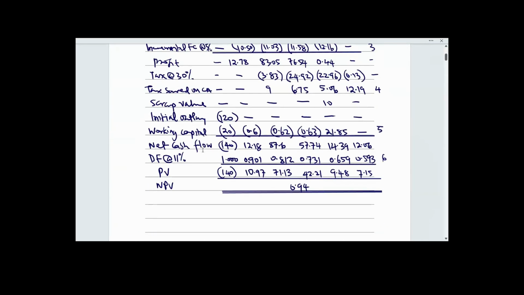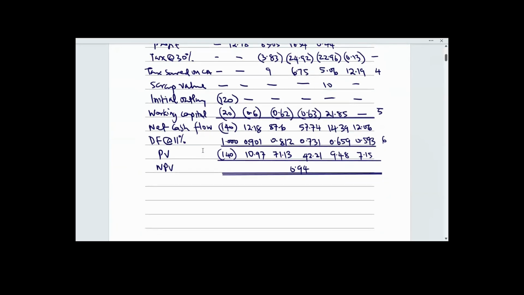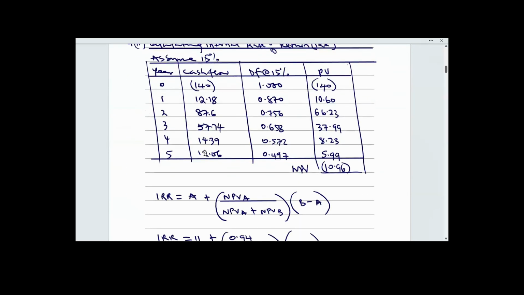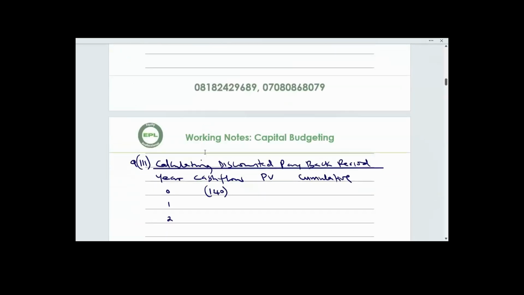In fact, I don't need all this, I'm just stressing myself. Let me just use the present value. I don't need normal cash flow since I'm not discounting. I've already calculated the present value, so I will just use the present value. Don't need to stress yourself. Then we have cumulative.